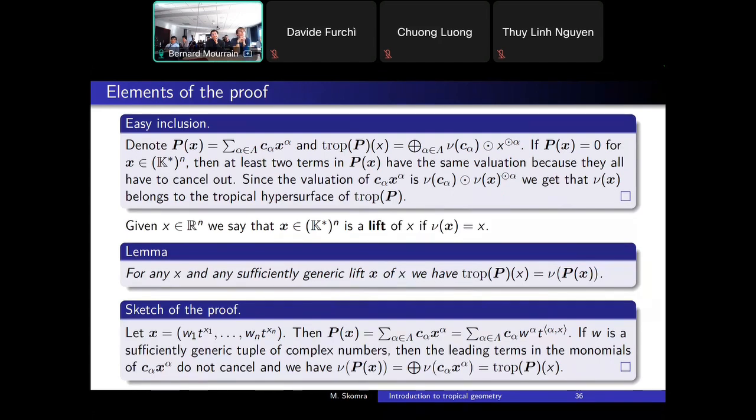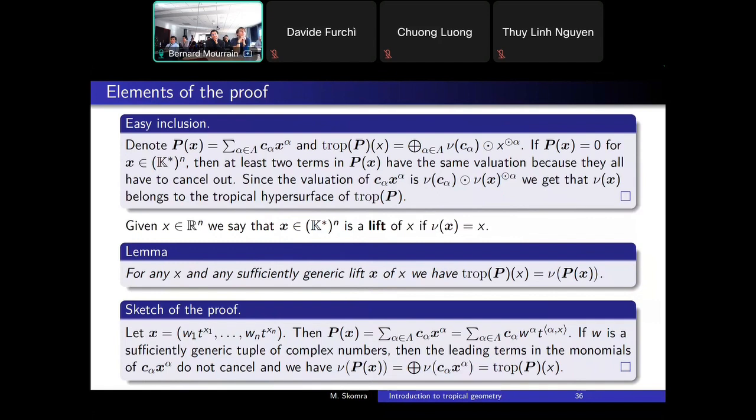Given x in R, we will say that a point of our Puiseux series is a lift of x if its valuation is x. Now the point of proving the opposite inclusion is to say, if I take x on my tropical hypersurface, I can find a lift of x that is on the algebraic hypersurface.